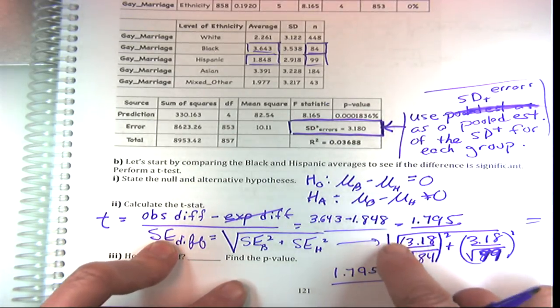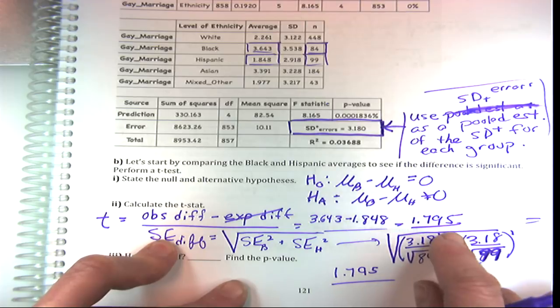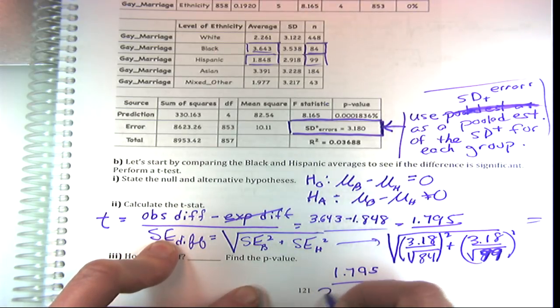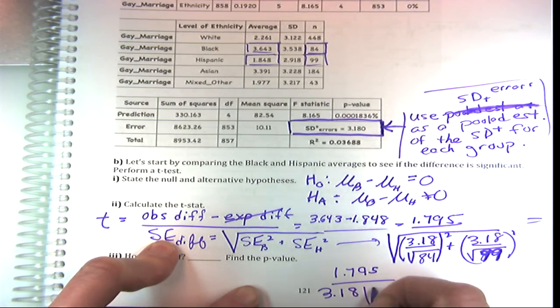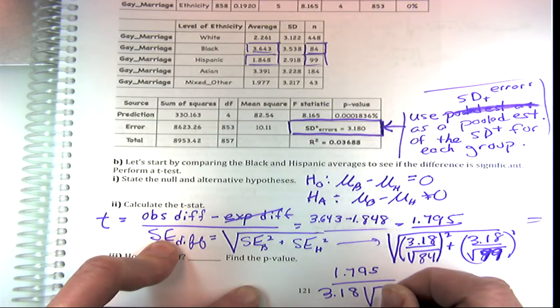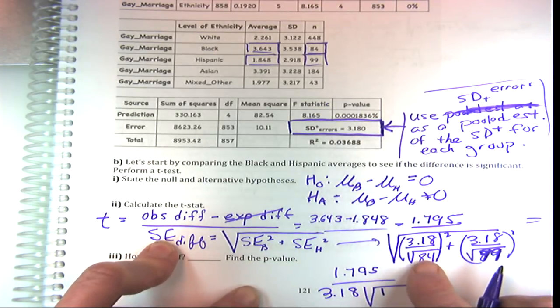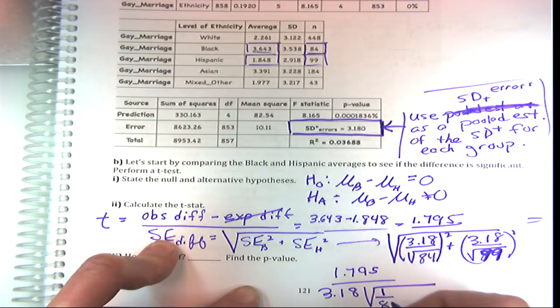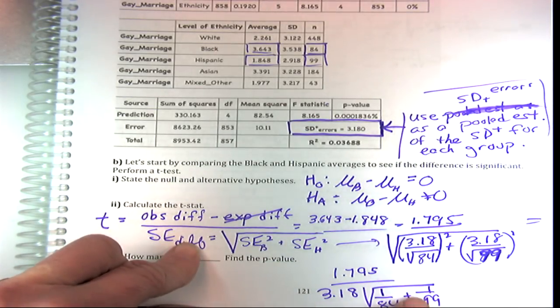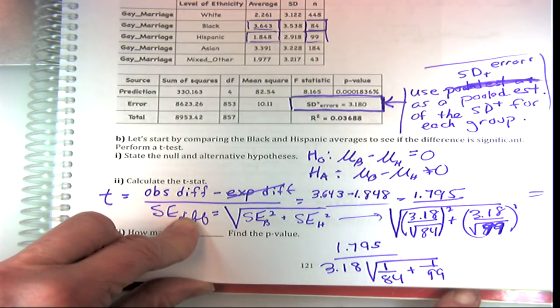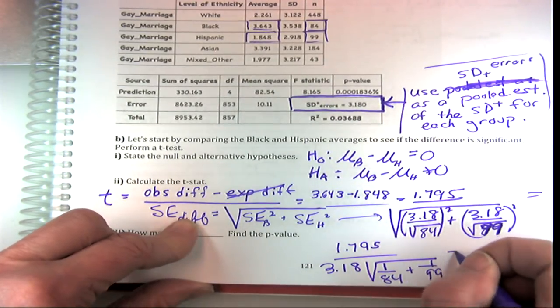The square root of 3.18 squared is this, so it's 3.18 over the square root, and we just have ones here over 1 over 84, plus 1 over 99. I know that didn't look so easy to do right now, and I'm very sorry, but it really is after you think about it.